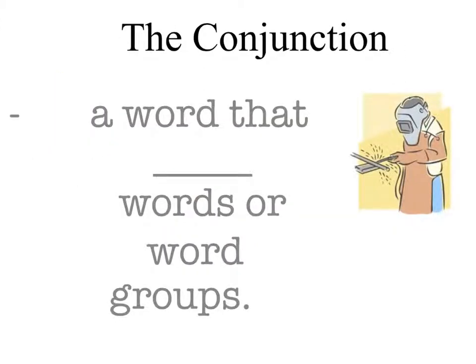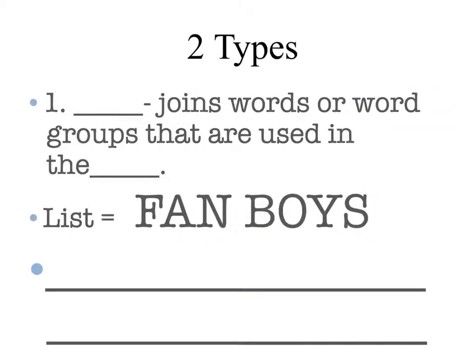Conjunctions. A conjunction is a word that joins words or word groups. There are two kinds of conjunctions.